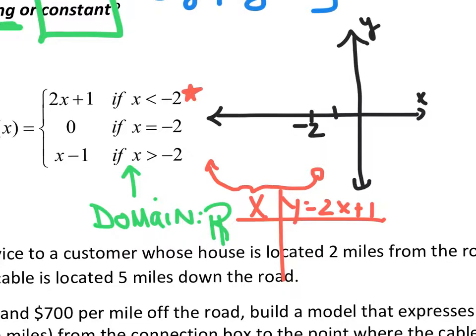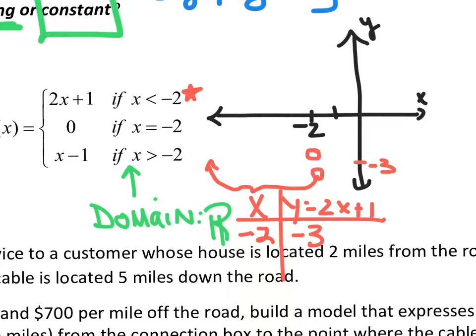So let's use the endpoint -2. So when x is -2, we substitute it in. 2 times -2 is -4, plus 1 is -3. So that gives us the point -2, -3. Now we put a hole there because remember this function graphs all the way up to -2 but not including it. So we get a little hole.